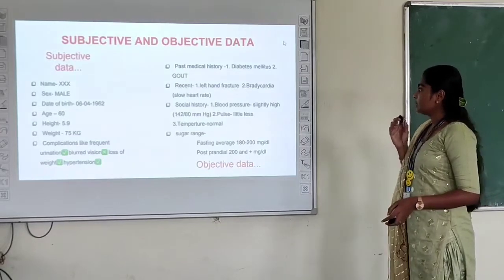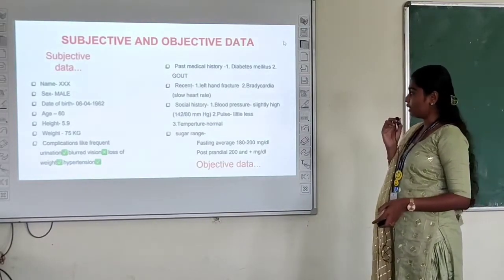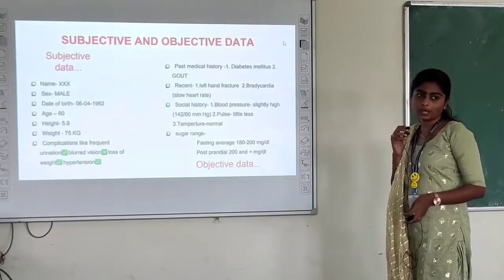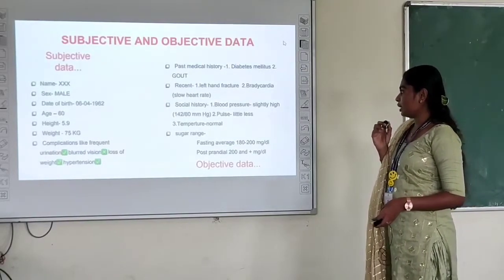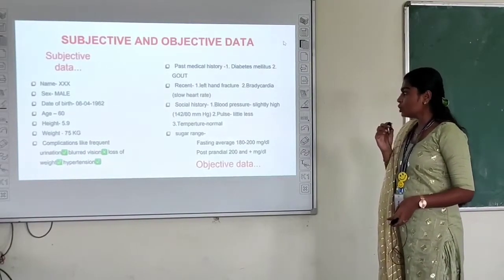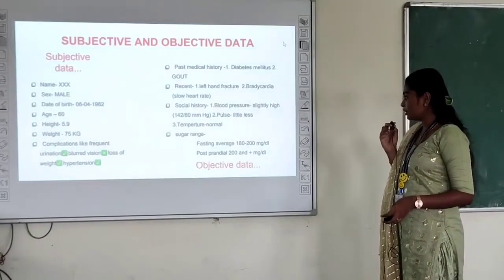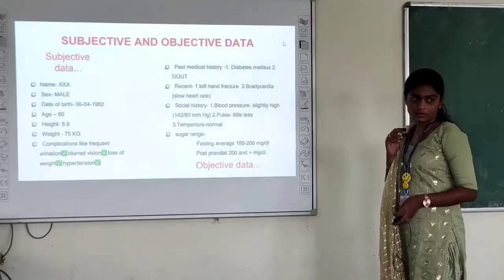Recent medical history: left hand fracture followed by bradycardia, that is slow heart rate. Social history: blood pressure slightly high, that is 142/80 mmHg, pulse rate a little less due to bradycardia, and temperature was normal. Sugar range of the patient was: fasting average 180 to 200 mg/dl, and postprandial was 200 plus mg/dl.